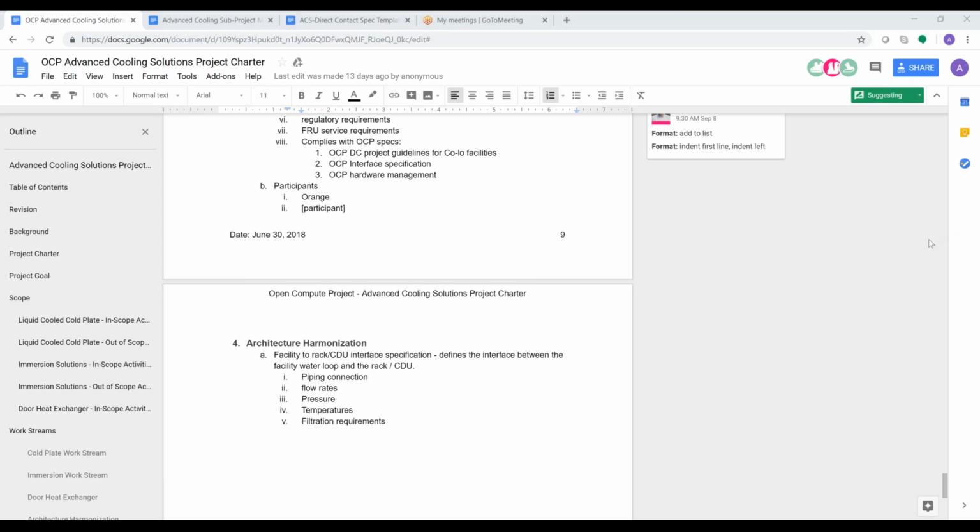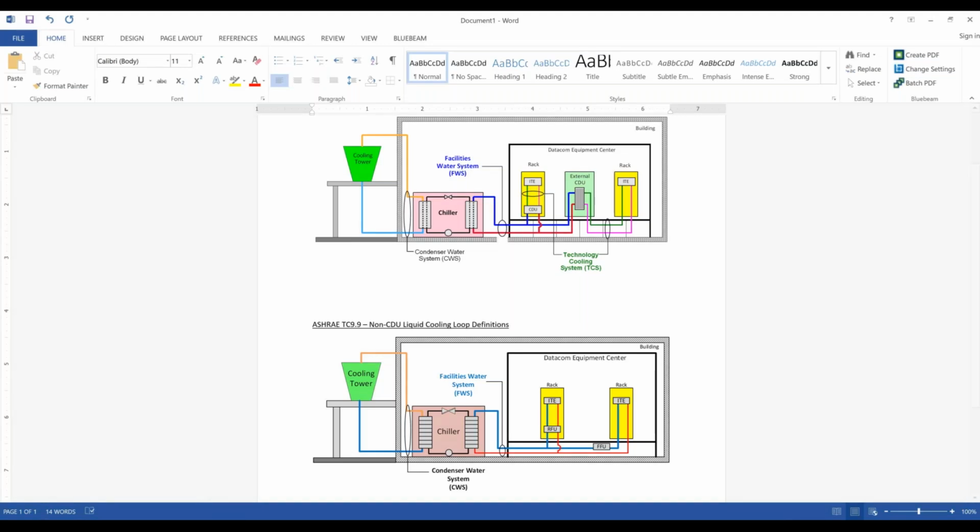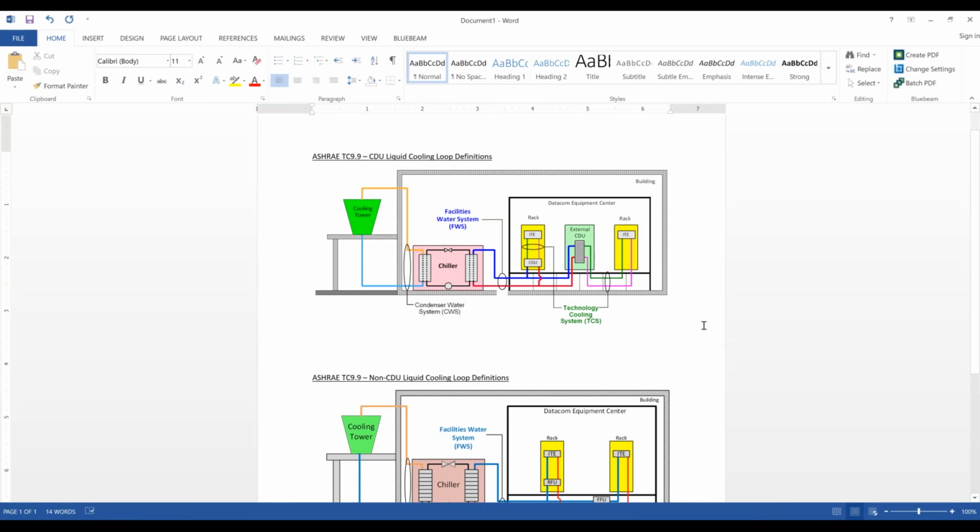Without knowing the rules on sharing material that's copyrighted, I'm going to show this giving credit to who it belongs to, which is right now the ASHRAE TC 9.9 committee, which I am part of. We're putting together a liquid cooling white paper, which has some additional guidelines to expand upon what was previously released in the ASHRAE TC 9.9 liquid cooling handbook.